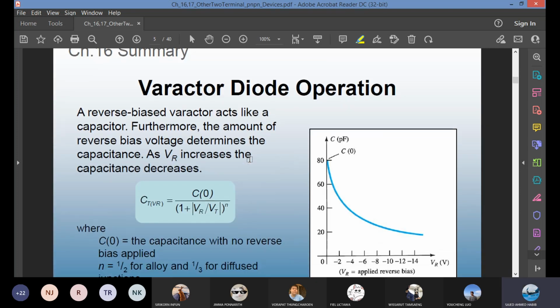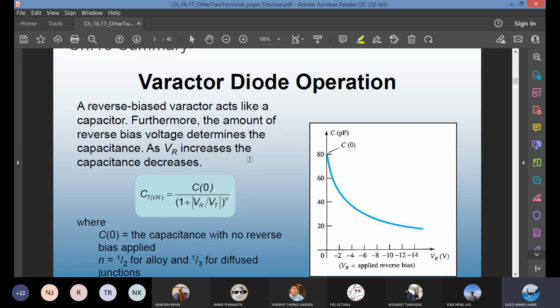When this diode is reverse biased, there will be a capacitance which shows up at the p-n junction of the diode. Now try to remember your knowledge from the first lesson, the diode, which is a p-n junction, your regular diode.